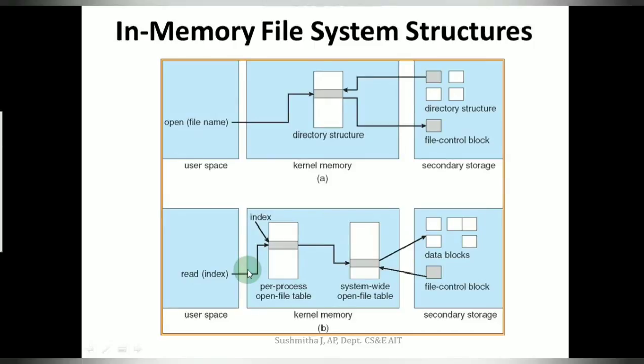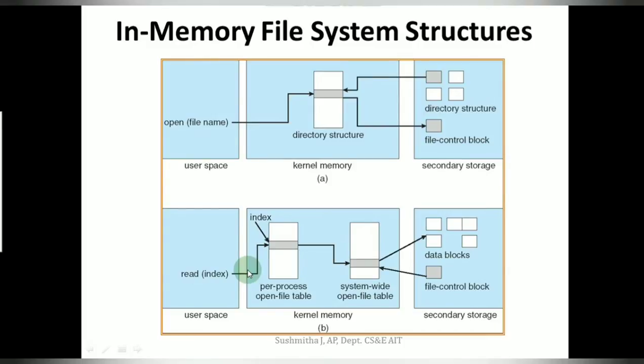Just to repeat it again, whenever it is going to do the read operation, it is first going to check if some other process has already opened that file in the system-wide open file table. If it is, then it just extends it with the per process open file table.